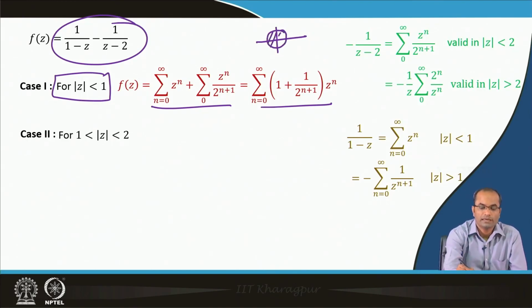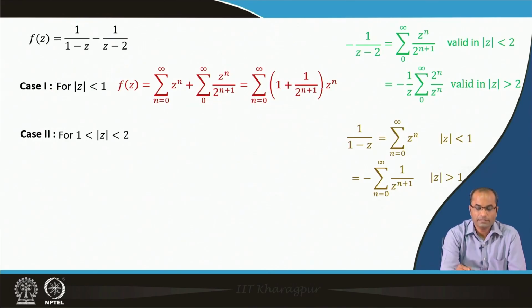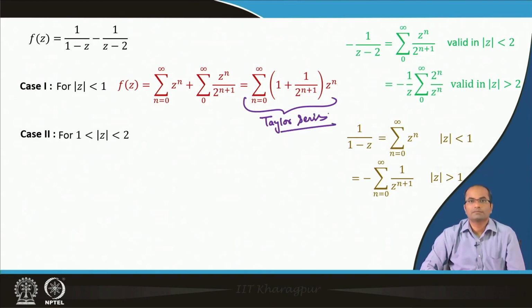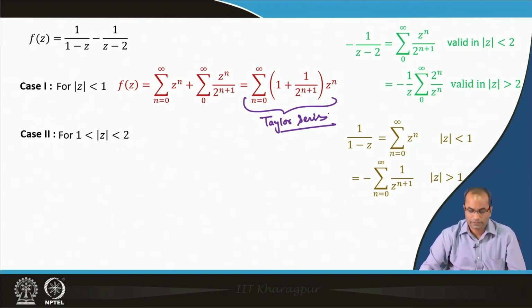The first point where the analyticity breaks down is z equal to 1. So, in mod z less than 1 the function is analytic, and hence we have the Taylor series expansion. We have the Taylor series expansion because the function was analytic in that disk.